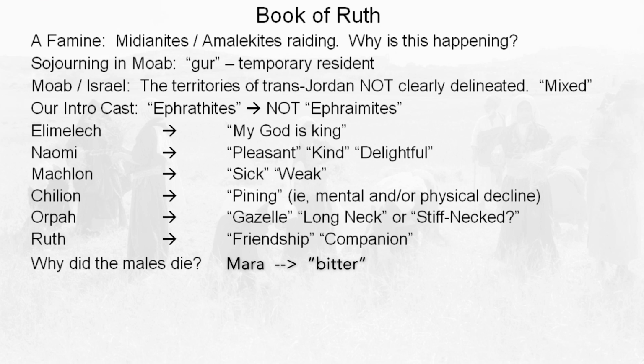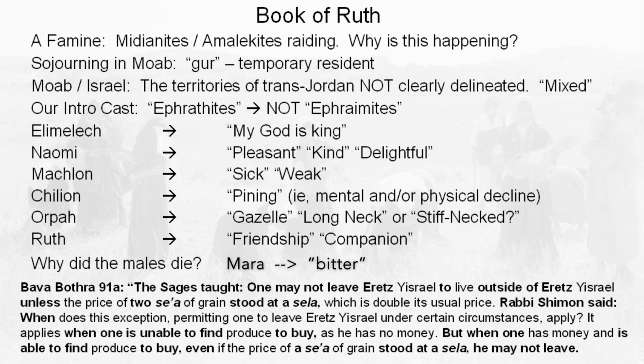So the question we had before us was, why did the men die? What is going on here? Naomi is certainly thinking it's God causing it. Now here's a quote from the Talmud, Baba Bathra, 91a. This is some rampant speculation on the part of the sages of Israel.